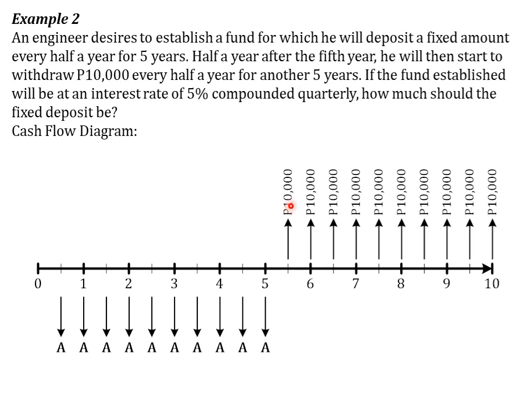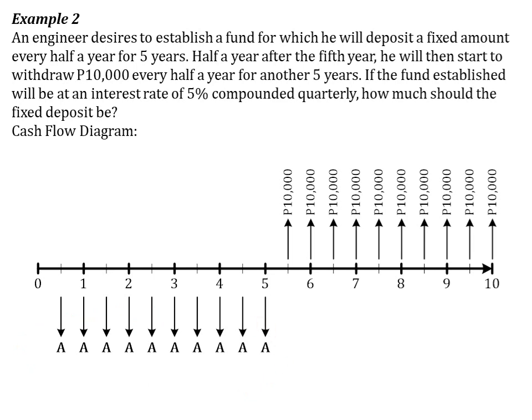So, you will have 1, 2, 3, 4, 5, 6, 7, 8, 9, 10. So, for 5 years, 10,000 pesos withdrawal every half a year. So, the question is, how much should these deposits every half a year for the first 5 years be?